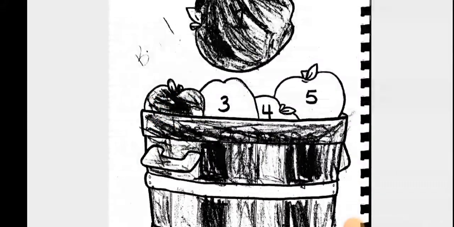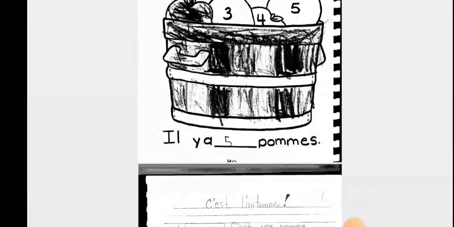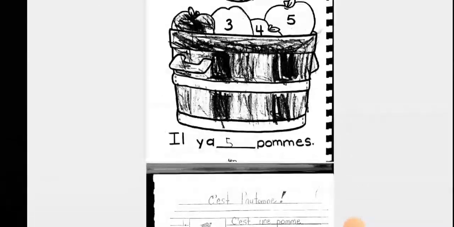And of course, after this Sunday's lesson, we'll now move on to something very interesting because you're already good enough with the French so far. And this time around, we'll also practice how to make simple sentences making use of the vocabulary words we've learned so far. And you can see the very first sentence here. The sentence says, Il y a 5 pommes, which means what?